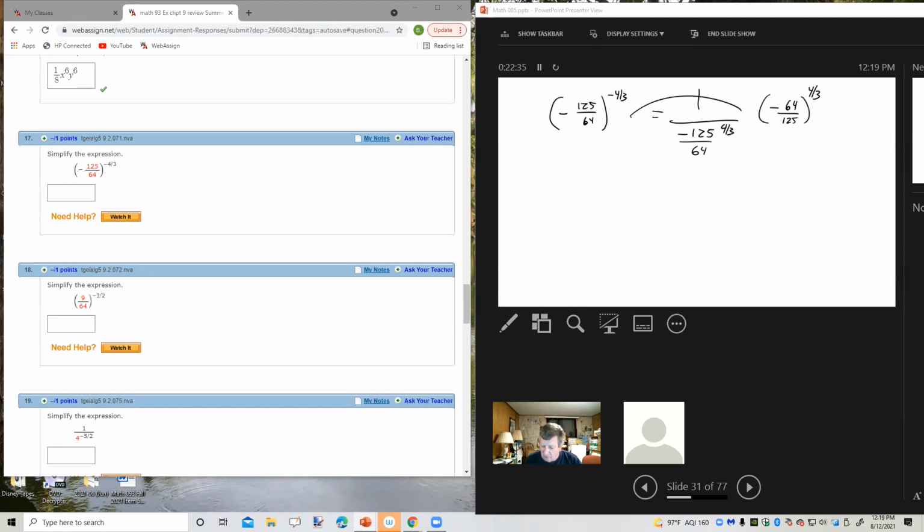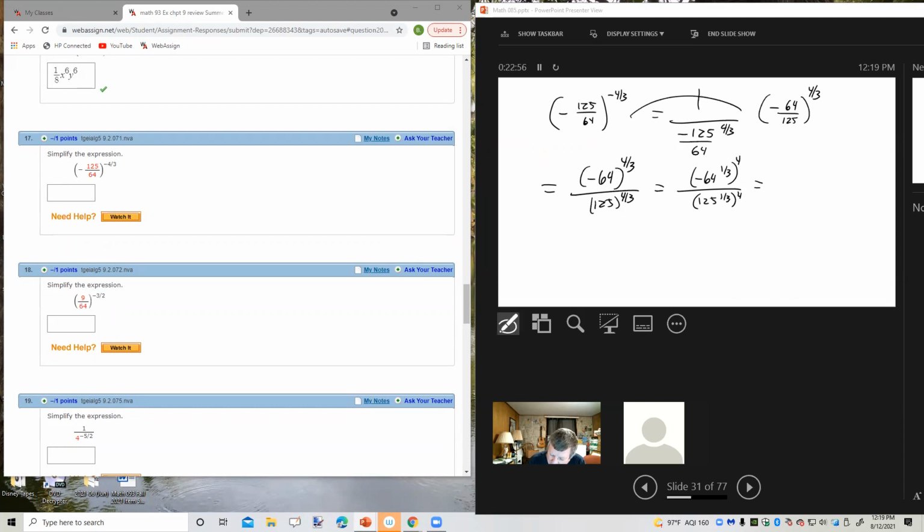Maybe a little easier to follow. So then that's negative 64 to the 4/3 over 125 to the 4/3, which is negative 64 to the 1/3 power and then raised to the 4th power, 125 to the 1/3 power raised to the 4th power.